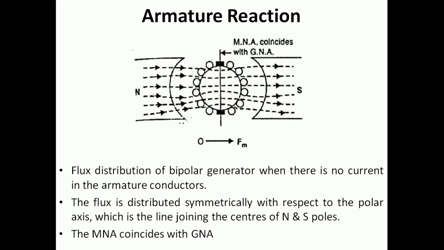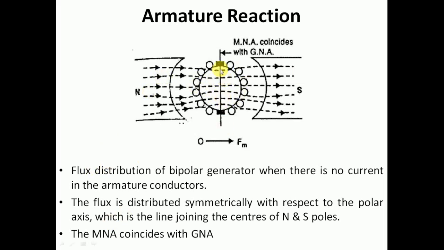So the geometrical neutral axis is a line which is perpendicular to the line joining the centers of this north pole and south pole. In order to understand the basic definition of armature reaction, we have considered a no load DC generator here, and the distribution of main flux is shown here.